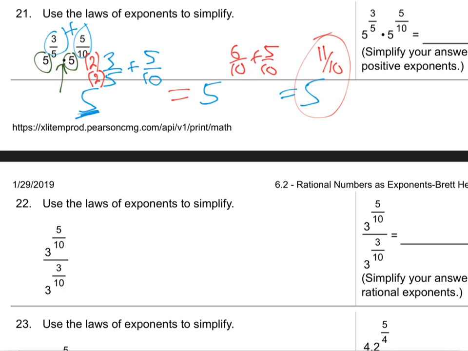And there we go. 5 to 11/10. And that's all they want on that one.